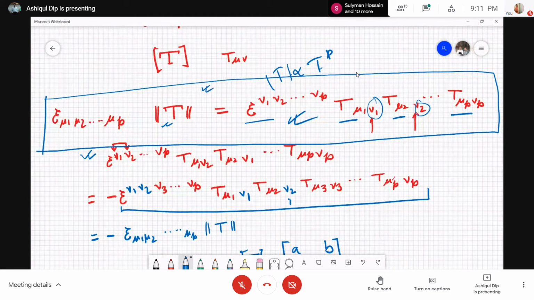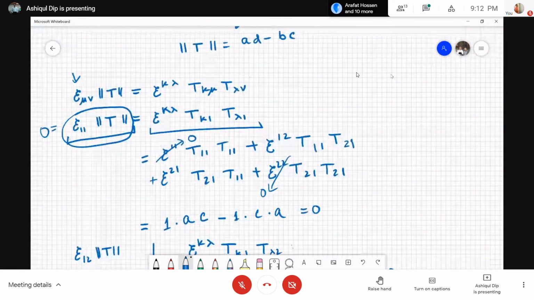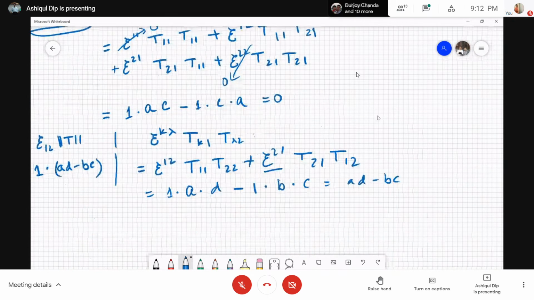And what is the definition of determinant generally? We just do the cofactor expansion and add those things up, right?